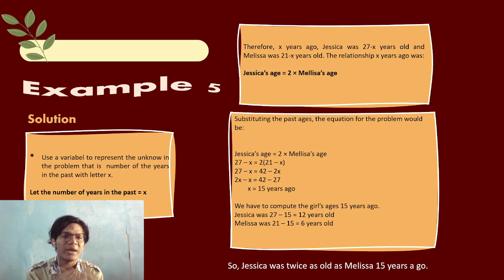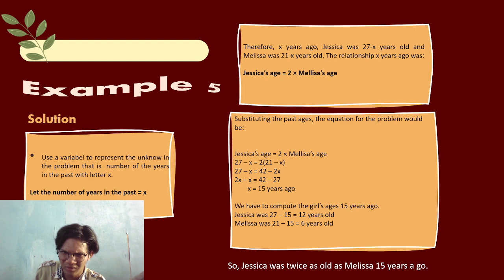The relationship X years ago was Jessica's age is equal to 2 times Melissa's age. Then we substitute the past ages, so the equation for the problem will be Jessica's age is equal to 2 times Melissa's age. Jessica's age is 27 minus X, and 2 times Melissa's age is 2 times 21 minus X. So we got 27 minus X is equal to 42 minus 2X.